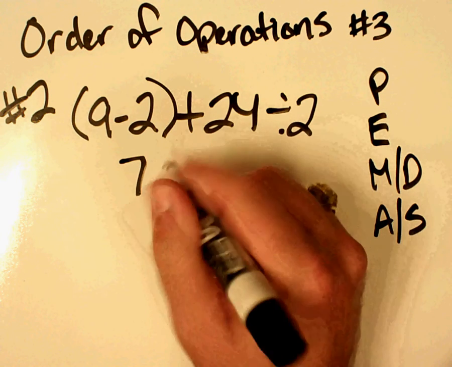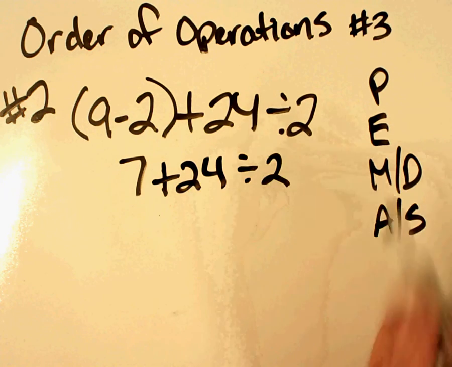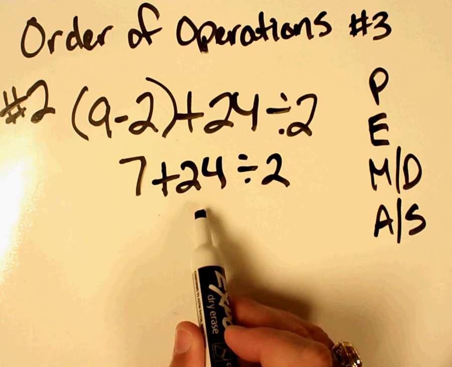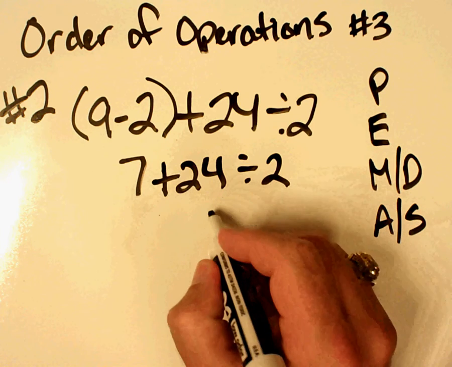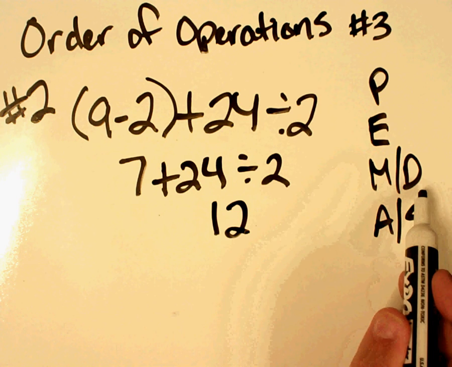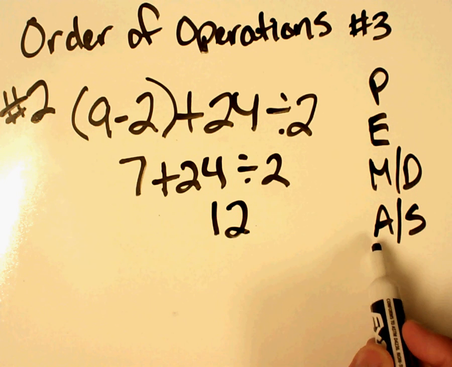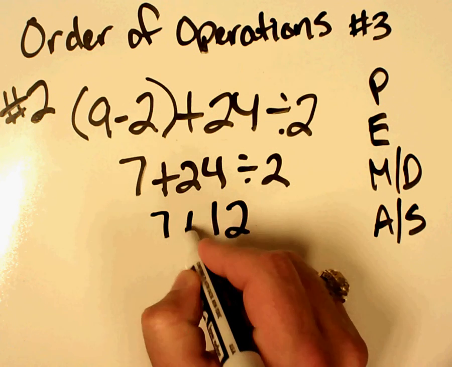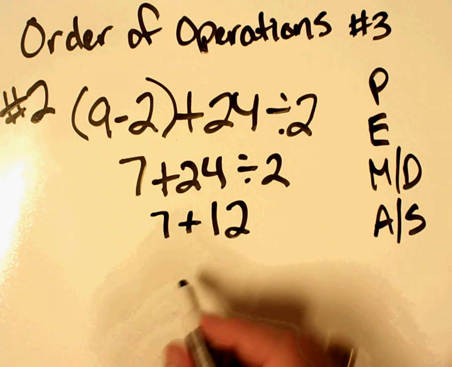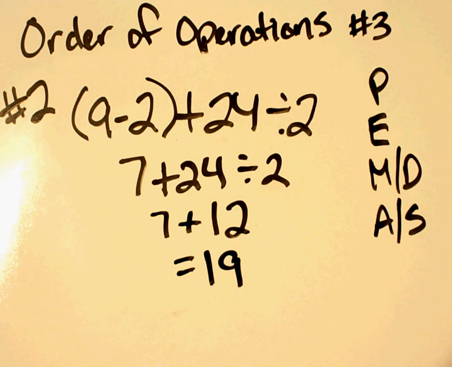I'm going to rewrite my remaining operations and numbers, and I'm left with 7 plus 24 divided by 2. 24 divided by 2 gives me 12, and I'm doing the division first because, according to my PEMDAS, I do division before I do addition. I'm going to rewrite my 7 and my plus there. And then my final answer, 7 plus 12, gives me 19.